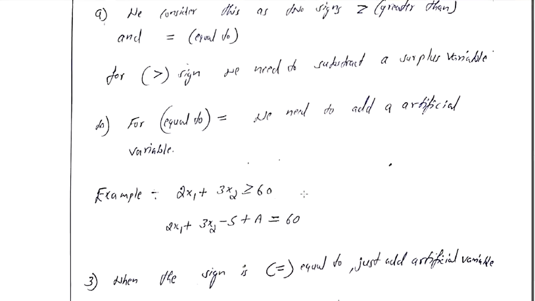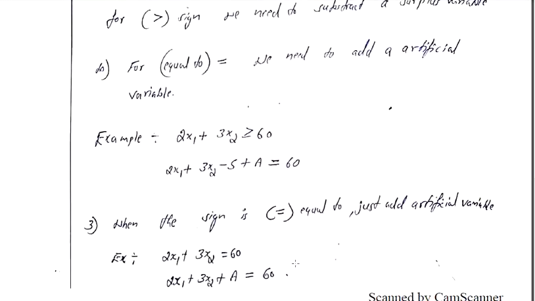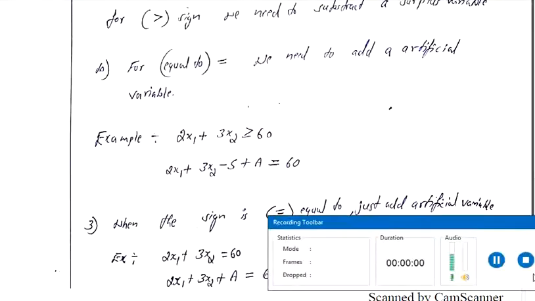Then we have to subtract a surplus variable and add an artificial variable, so 2x1 plus 3x2 minus s plus a equals 60. Similarly, when the sign is equal to, we just add an artificial variable. So those are the important points to be noted while solving simplex problems.